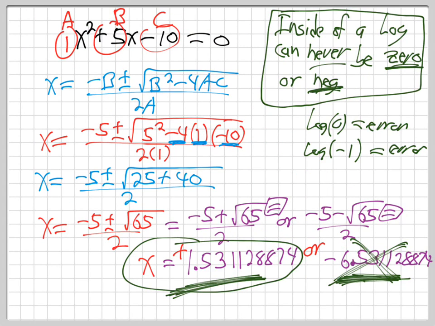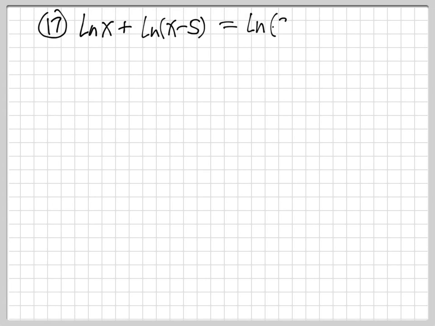All right, let's try number 17. So we get ln of x plus ln of x minus 5 equals ln of 7x, like that.